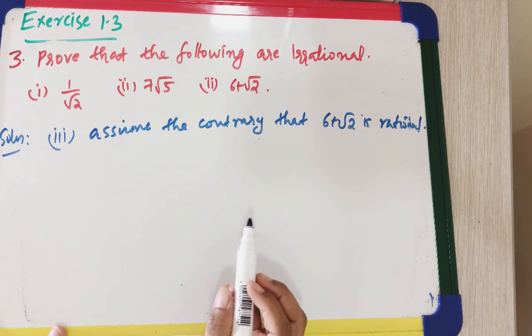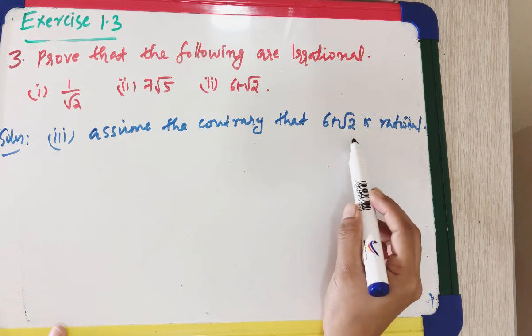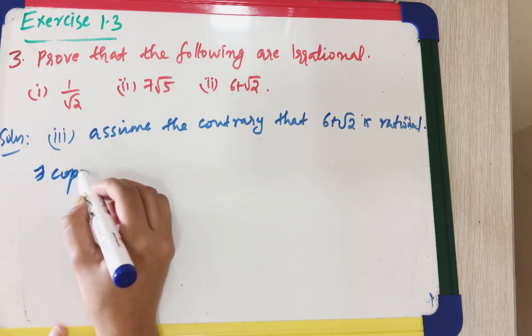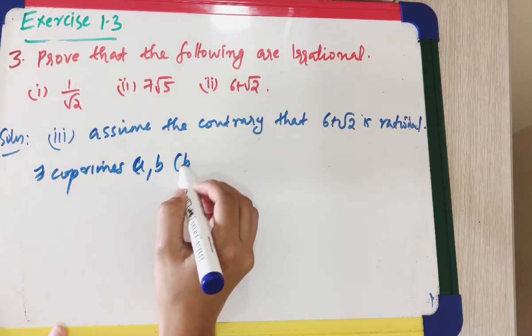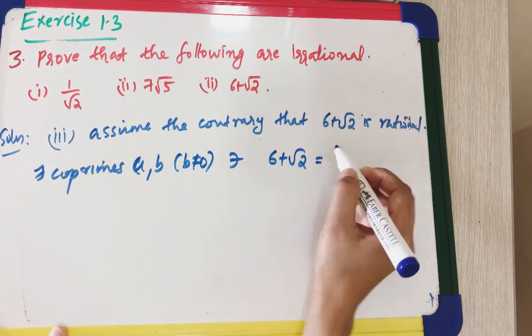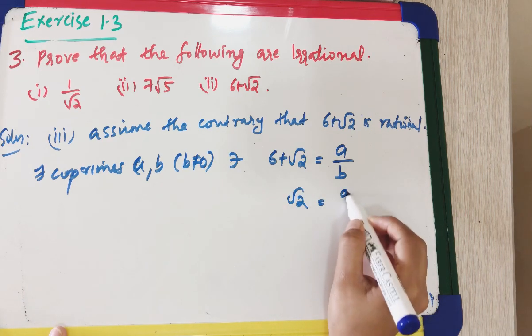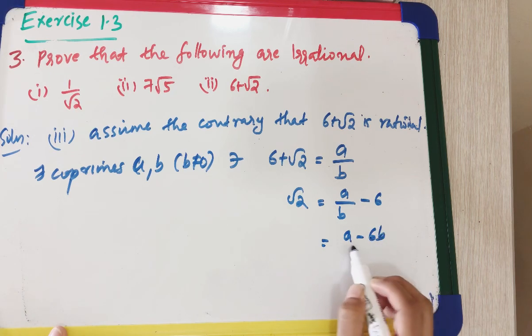Then we can find coprimes A and B with B not equal to 0 such that 6 plus root 2 is equal to A by B, which means root 2 is equal to A by B minus 6, which is A minus 6B by B.